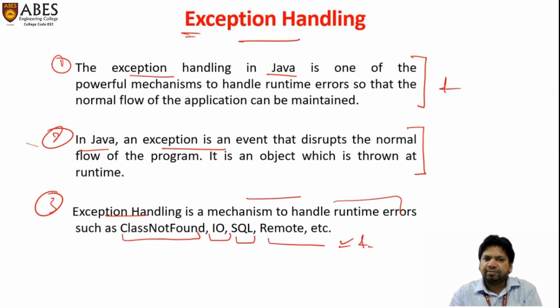Exception handling in Java is one of the powerful mechanisms to handle runtime errors. The runtime errors that we get when we run the program, to handle them we have a powerful mechanism called exception handling. This can also disturb a program. It has types, as I have discussed, such as class not found: you have made a class but the class is not found. Input output: you have written some wrong code. SQL queries and remote, etc.